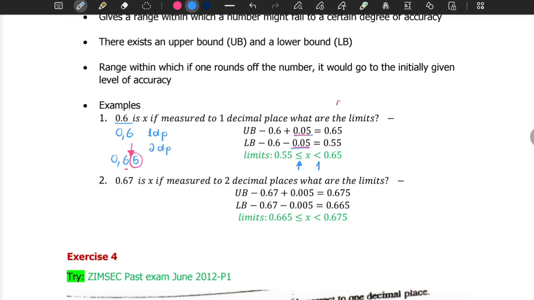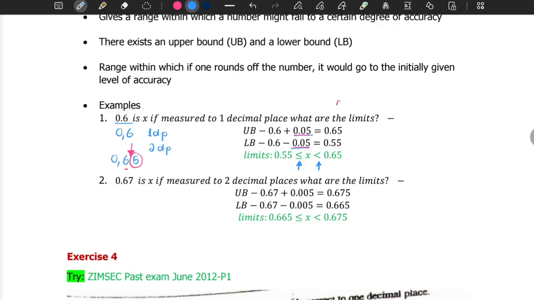But anything less than, not equal to, because once it's equal to 0.65, it becomes 0.7 when it's rounded up. So anything less than 0.65 becomes 0.6 when rounded. You just have to know where the current decimal places are and where the limits of the upper bound or lower bound are.